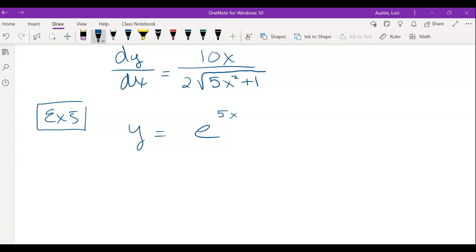But you got to recognize first to use the chain rule, what's the inner function? This is always the hardest thing to remember. What's the inner function? What's the tiniest part of the function? What's the big function? And then what's the little function? In this case, it actually is little. 5x. The little function's 5x.